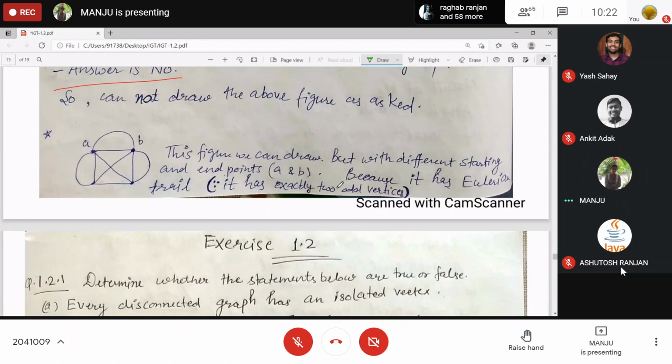Then we discussed components, decomposition, Eulerian circuit, cut set, vertices of the circuit, maximal path, and then Eulerian graph, that is Eulerian circuit as well as Eulerian trail, and some theorems based on this.